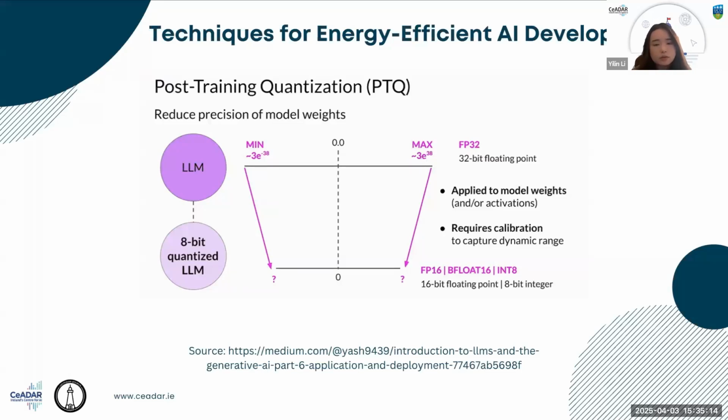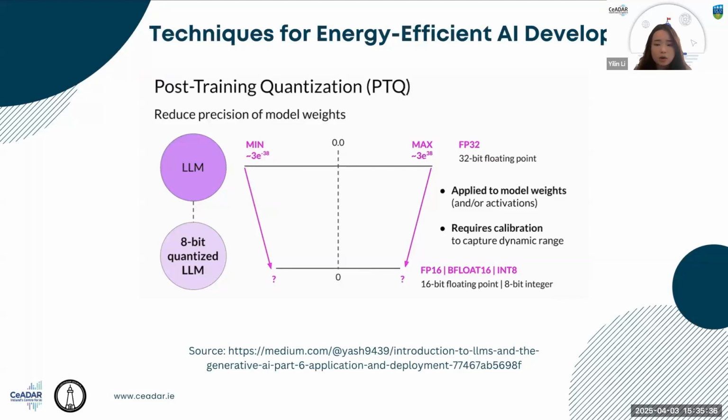With quantization, we can reduce that to 16-bit or even 8-bit values. It helps shrink the model size and make it run faster, especially on low power hardware like phones or edge devices.